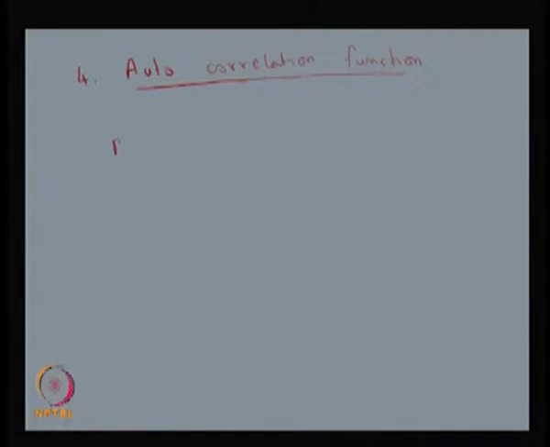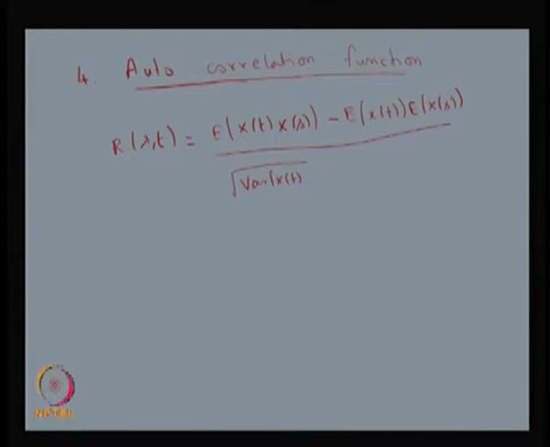It is defined with the notation R of s comma t, that is nothing but, or we can write it in terms of expectation of x of t x of s minus expectation of x of t into expectation of x of s divided by the square root of variance of x of t and the square root of variance of x of s.